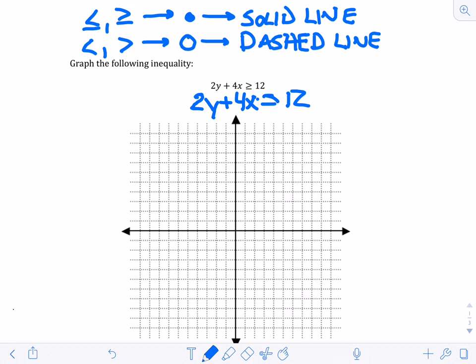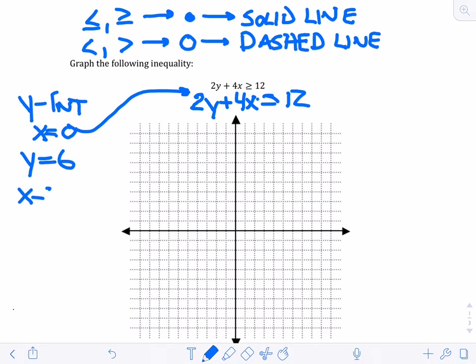We would find our y-intercept, and we know that at our y-intercept, our x is equal to 0, and we plug 0 into our equation, and when we solve, we get y is equal to 6. Now if we want to find our x-intercept, we know that y is equal to 0.